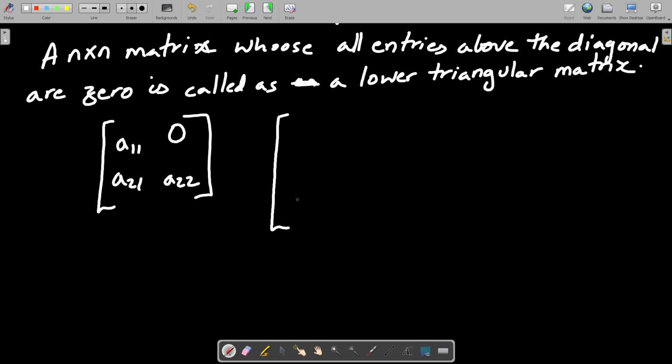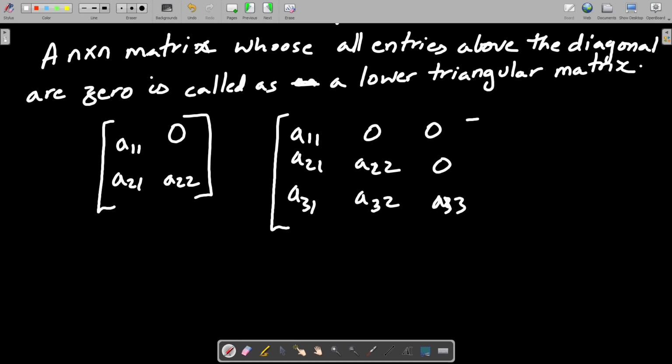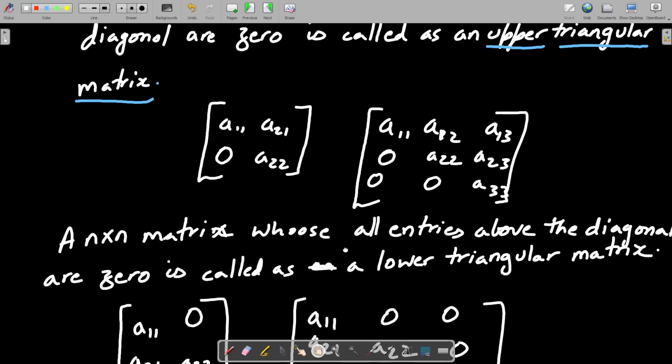In 3 by 3 case it is like this, A11, A22, A33, A32, A31, A21, and 0s above the diagonal. So this is how lower triangular matrices look like, and this is how upper triangular matrices look like.